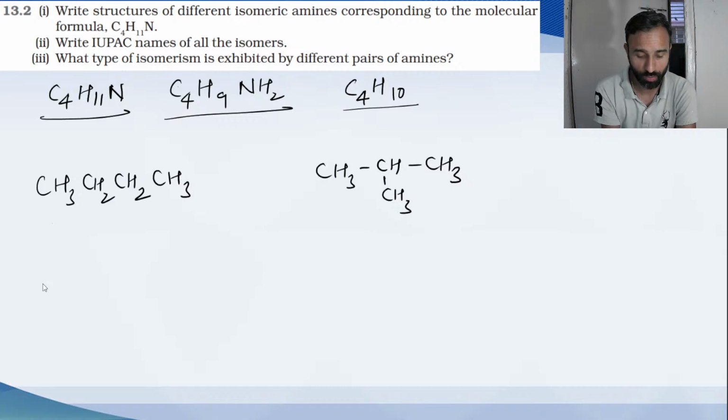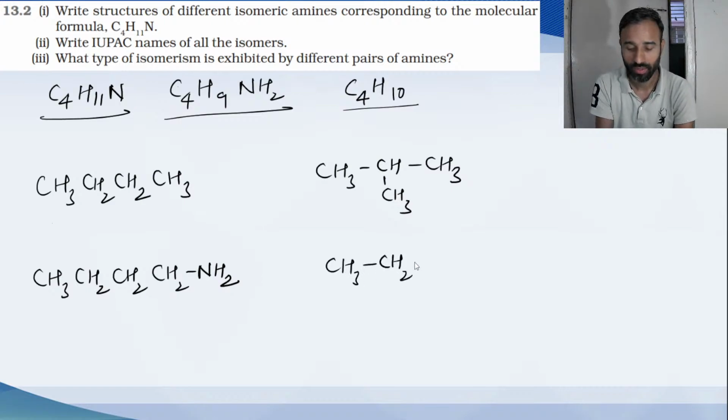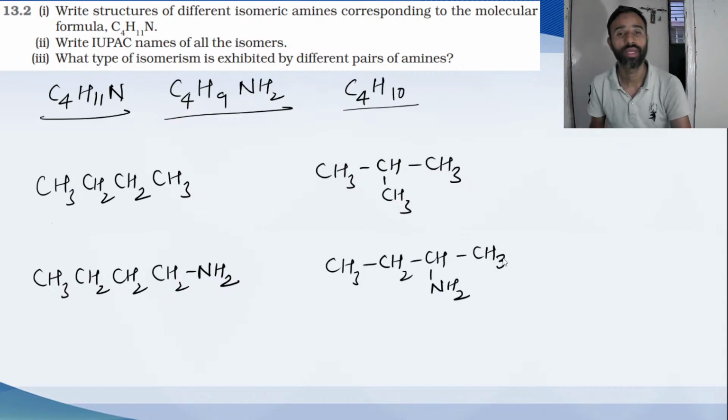So from normal butane we can get CH3CH2CH2CH2NH2. This is a primary amine. To form primary amines we need to look at only hydrogens, and to get secondary amines we should see carbon-carbon bonds.